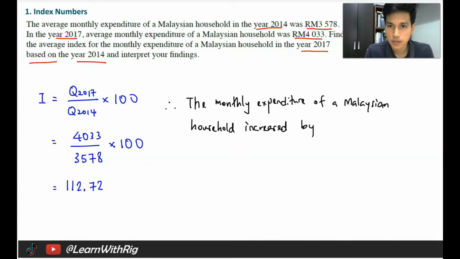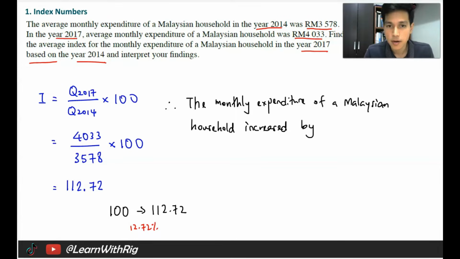Make sure it's increased. Increased by how many percent? Right? Initially it's supposed to be 100%, right? Now it went to 112.72. So how many percent increase? Increased by 12.72%, right? Increased by 12.72.